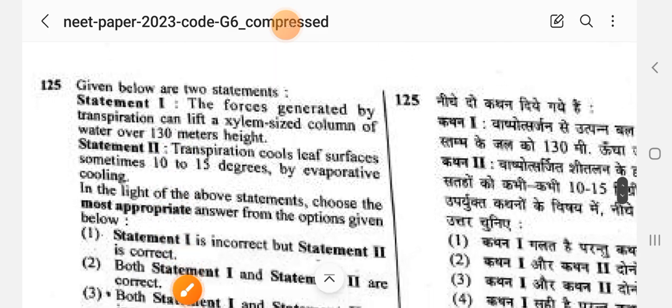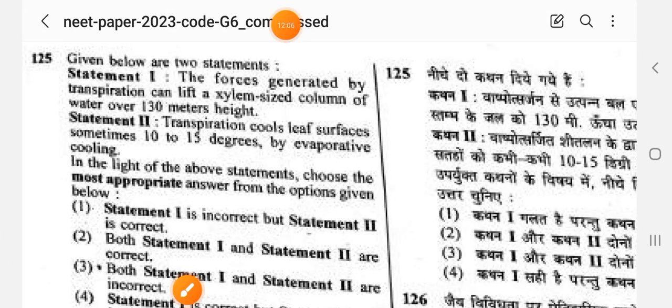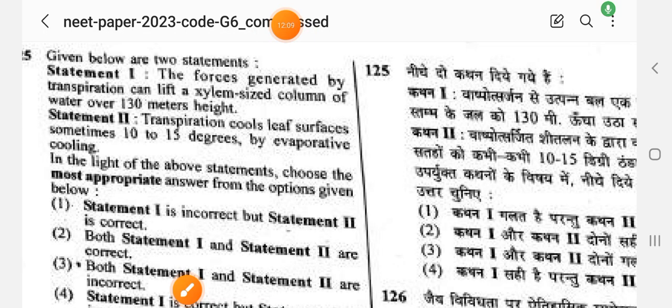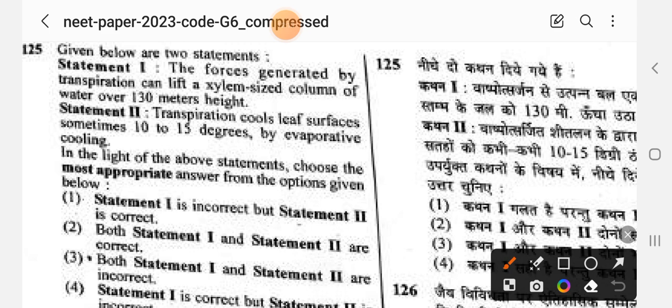So coming to the next question: the force generated by transpiration can lift a xylem sap column of water over 130 meters height, and transpiration cools the leaf surface sometimes 10 to 15 degrees by evaporative cooling.